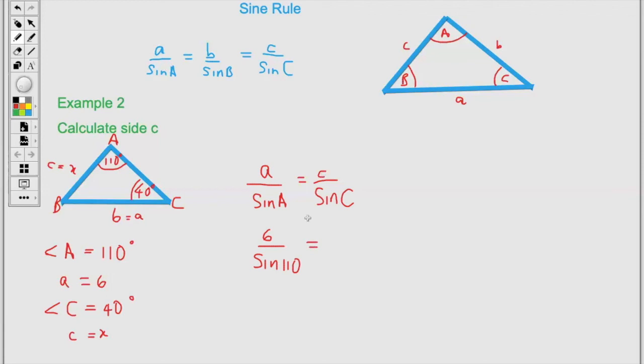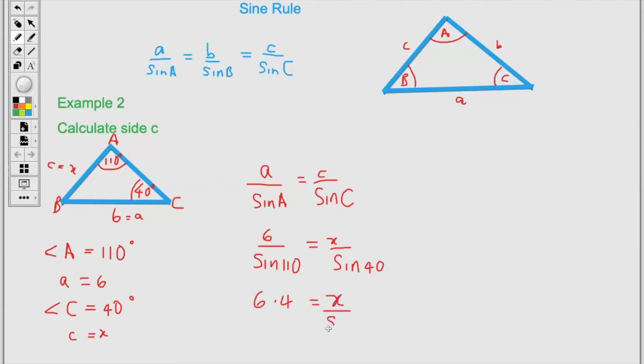We also need to find the unknown c. Let's call the unknown x. And we have the angle C, which is 40, so I'll have sine 40. From here, enter in our calculator 6 divided by sine 110. Enter all of that into your calculator and you will get the following result that I'm writing here, which is 6.4.